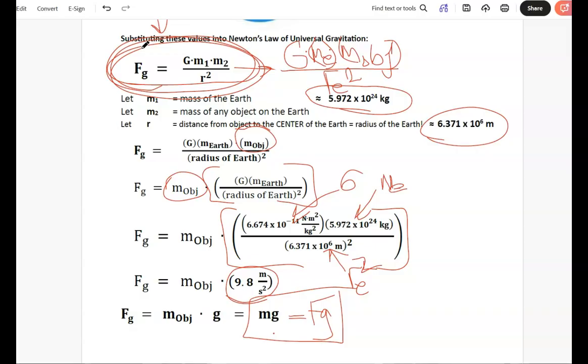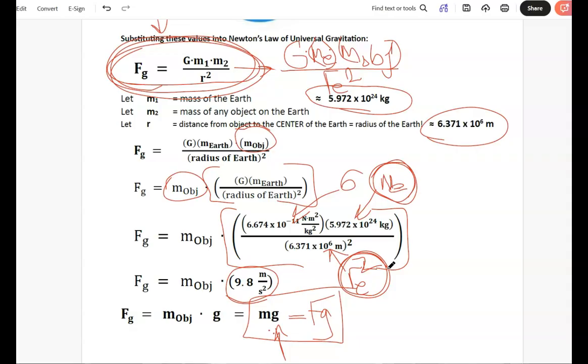In other words, we're attracted to the Earth, so we have to use the Earth's size and we have to use the Earth's mass in the formula, and we get a g. If you were to ever see a g for some other planet or some other moon or some other star, that g would have to use the mass of that object and the radius of that object to get its little g.